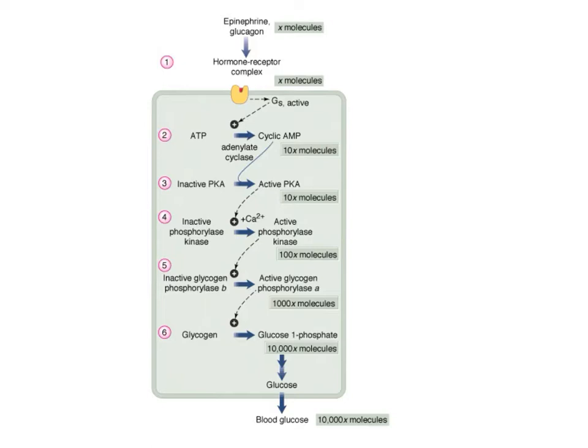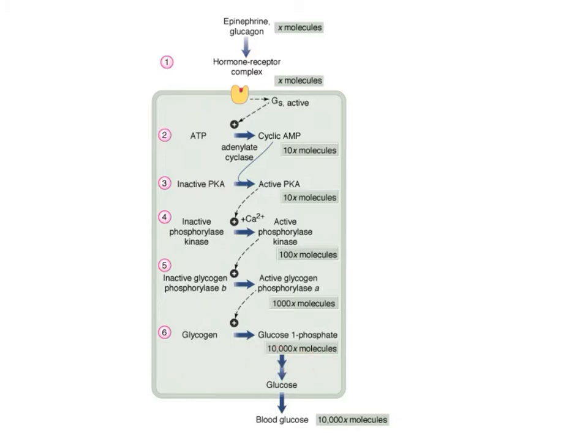And then that results in another enzyme being activated, which produces 100 molecules of another signal molecule, which can then produce 1,000 molecules of another signal molecule, which can ultimately release 10,000 glucose molecules. So one signal molecule can have an effect of producing 10,000 glucose molecules.